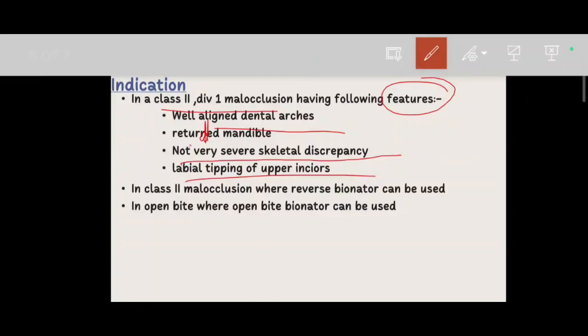The second indication is in class 3 malocclusion, where the reverse Bionator can be used. The third one is in open bite, where the open bite Bionator can be used. The important exam point here is that Bionator works best in growing patients.